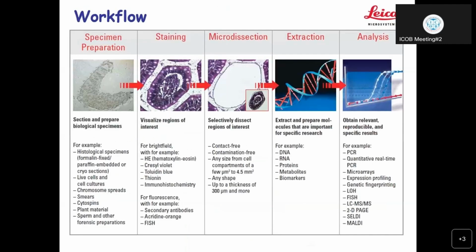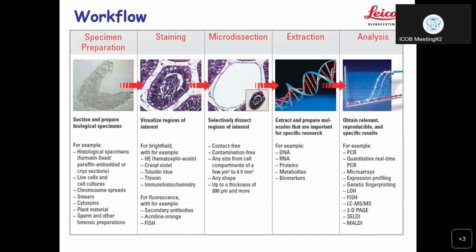The first step is always starting with a selection of a sample. The tissue samples can be embedded, sectioned, and stained according to conventional methods of preparation. Paraffin sections, frozen sections, smear preparations, chromosome specimens, and cell cultures are all suitable for laser microdissection.